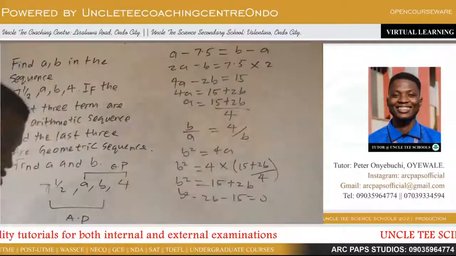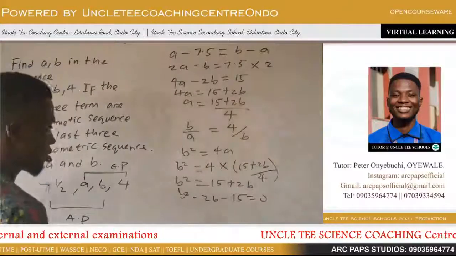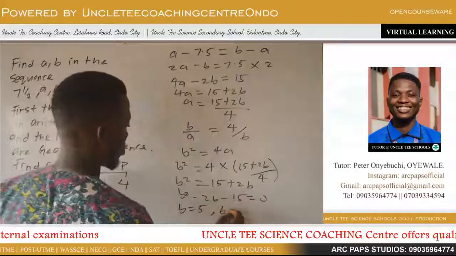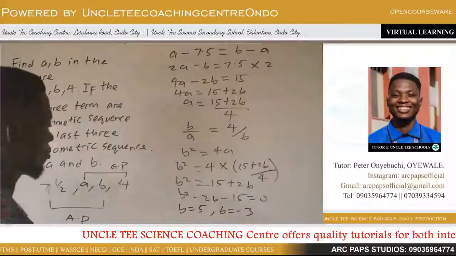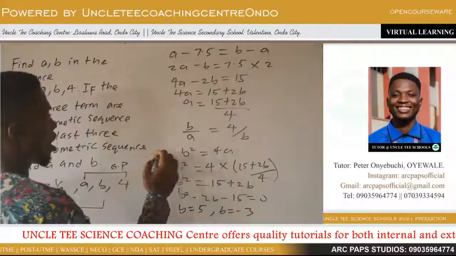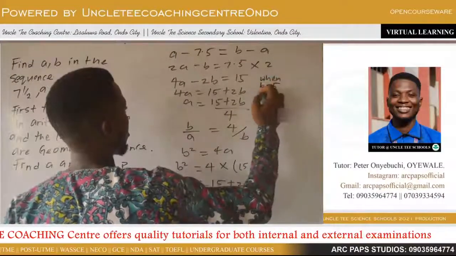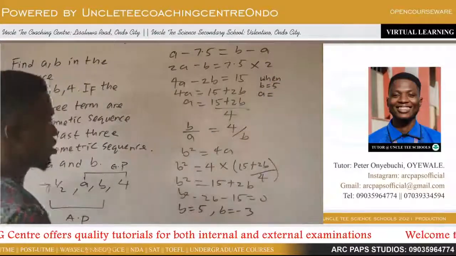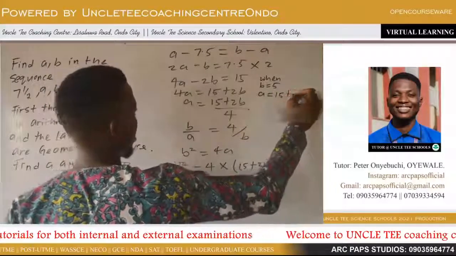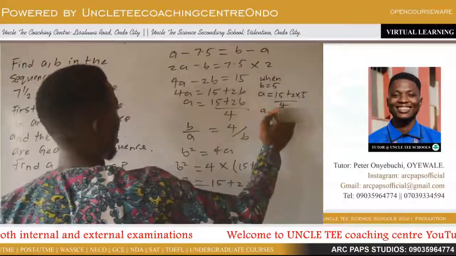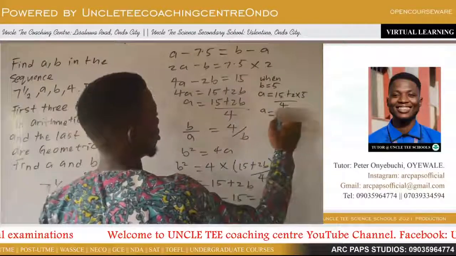Now what are the two numbers that when you multiply them together you get minus 15, and when you add them together you get minus 2? Solving that quadratic equation, you get b equal to 5 and b equal to minus 3. So when b is 5, a will be equal to 15 plus 2 times 5 divided by 4, which is 15 plus 10, that's 25 over 4.